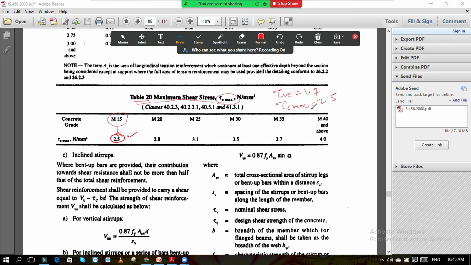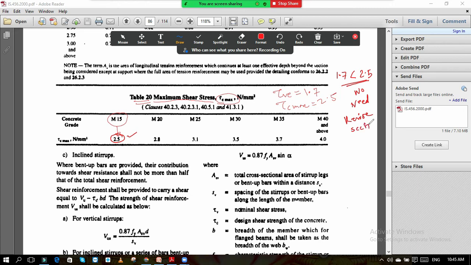So what does it say? If your equivalent shear stress, this 1.7, comes less than this maximum value, there is no need to revise the section.